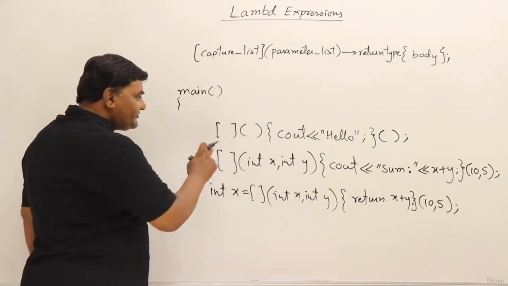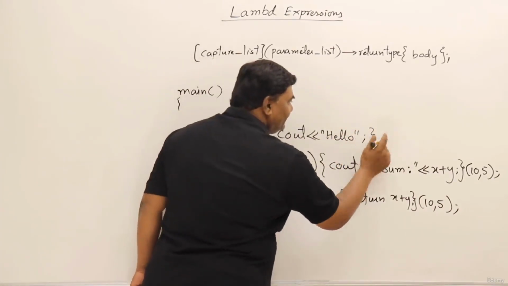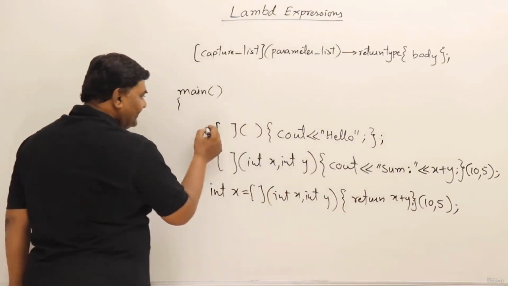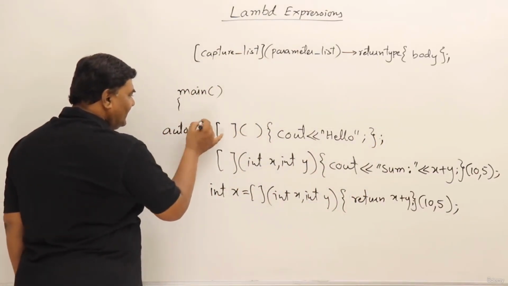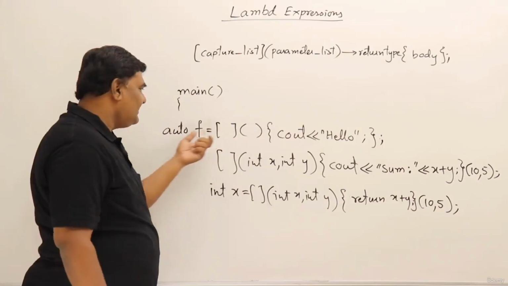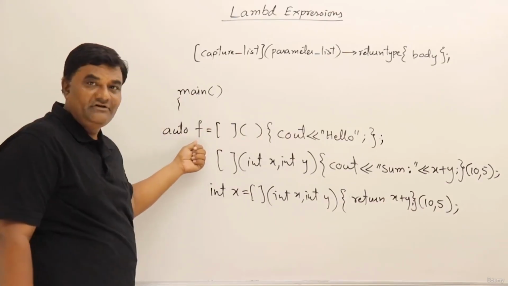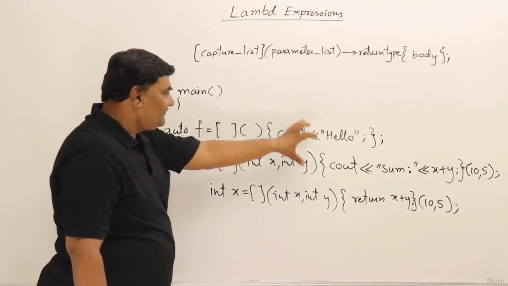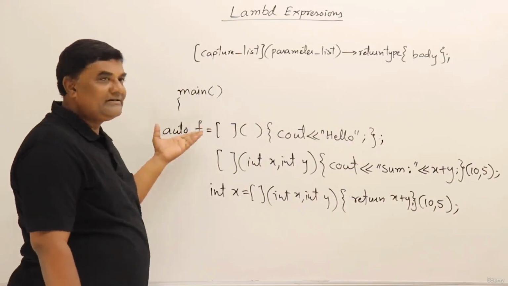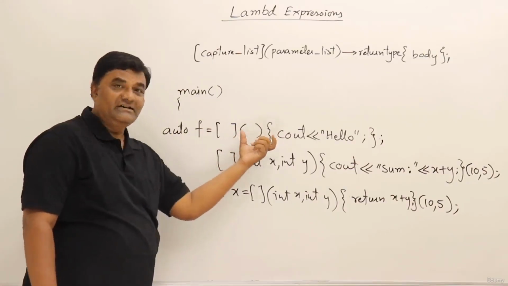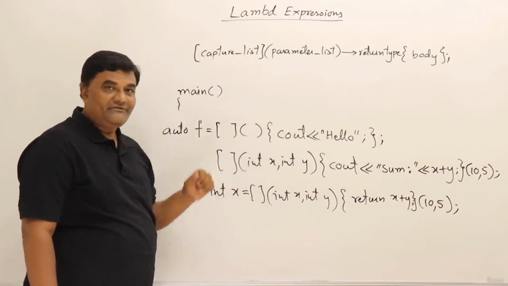Now next, one more thing I'll show you. See here, instead of calling the function, we can assign it to some variable, auto f. So this function is assigned to this auto f. Now the name of the function is f. Though the function is unnamed, I have given some name, and this is a reference to that function.